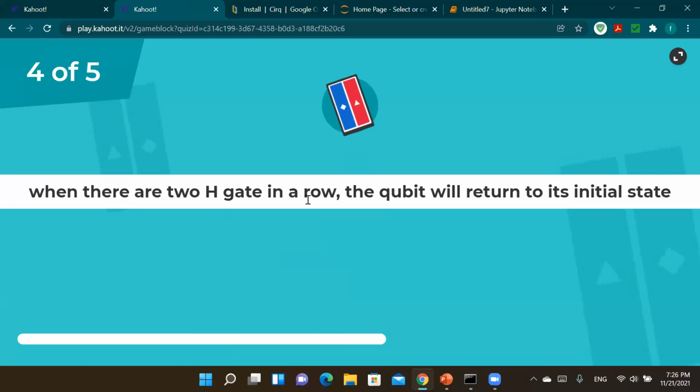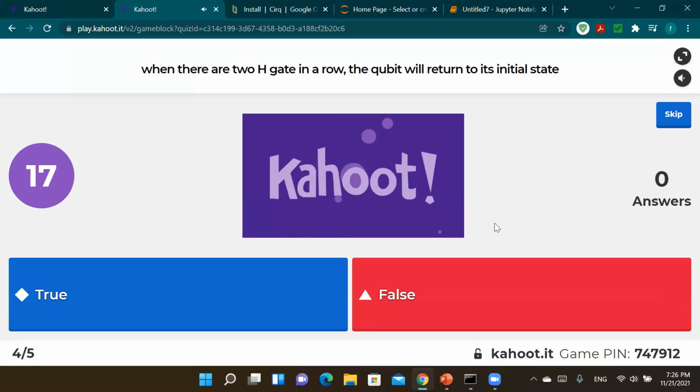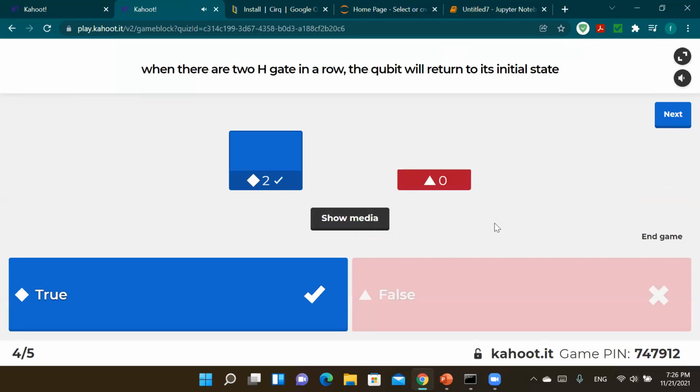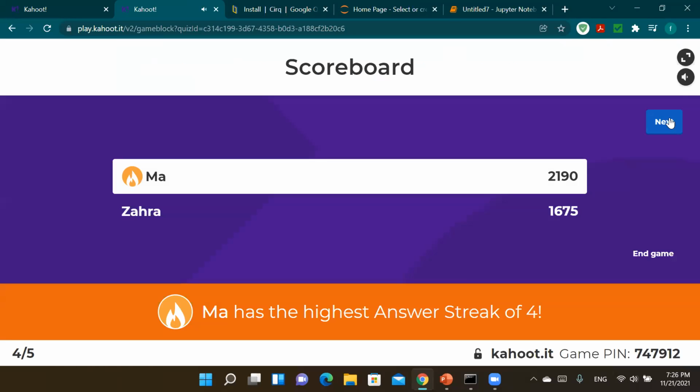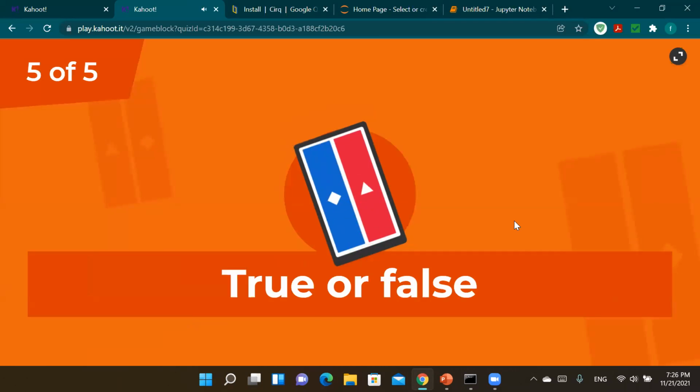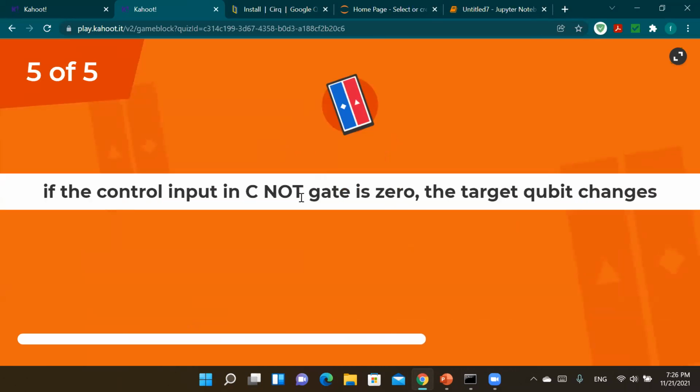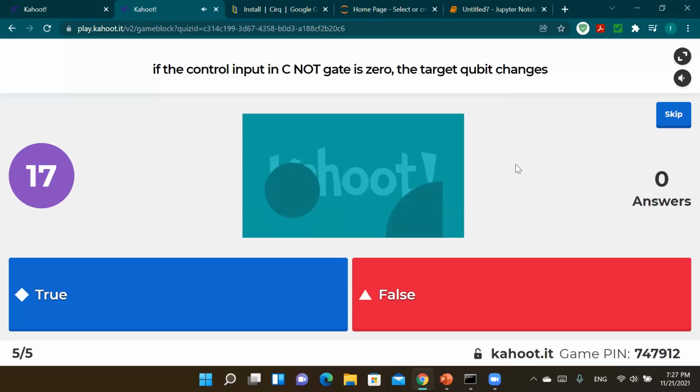When there are two H gates in a row, the qubit will return to its initial state. True or false? If the control input in the CNOT gate is 0, the target qubit changes. True or false?